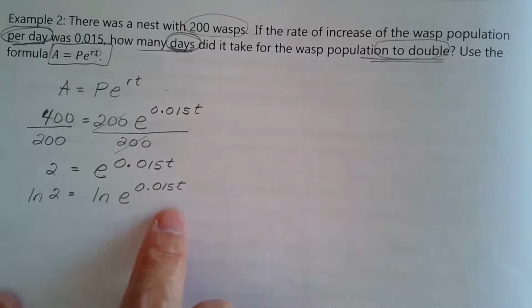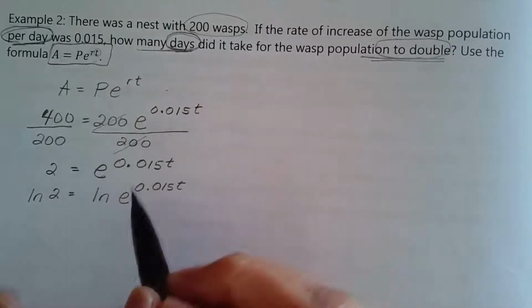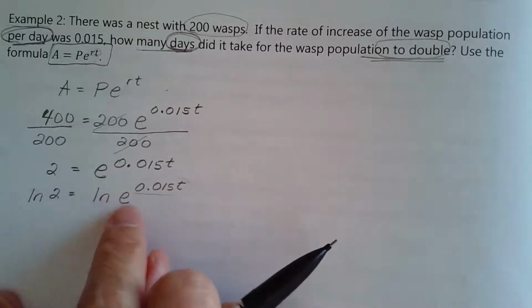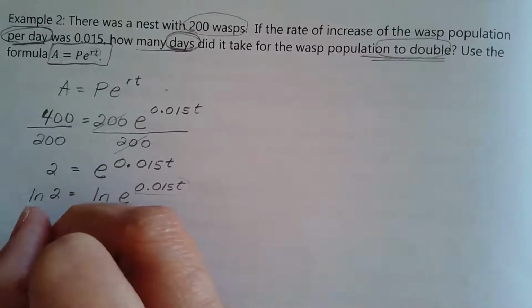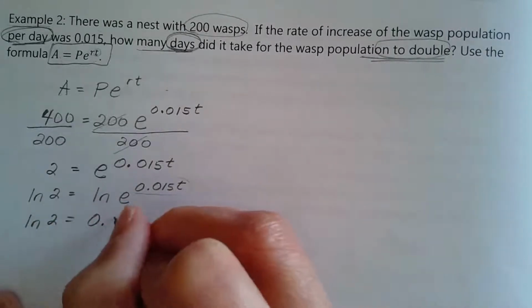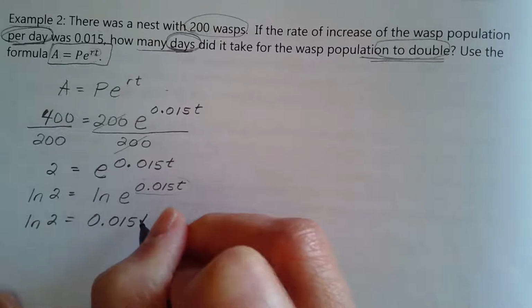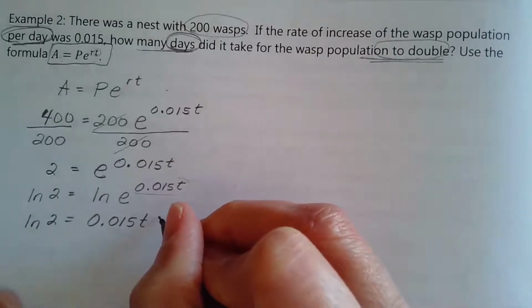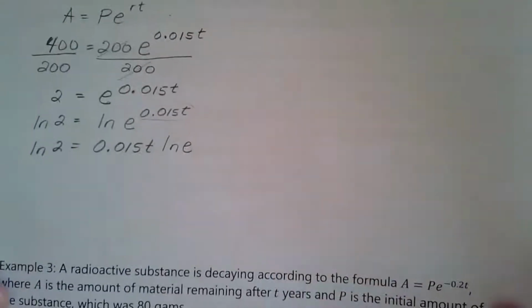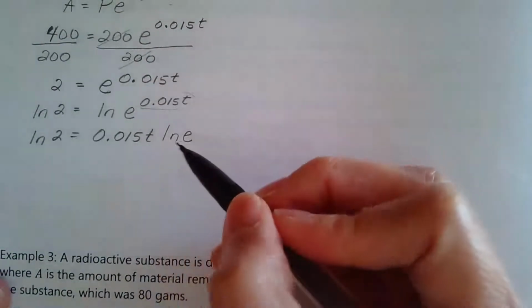Now we're going to apply the logarithm law, where this exponent here will be multiplied by natural log of e. So natural log of 2, and then this exponent 0.015t is being multiplied by natural log of e. And there you go.